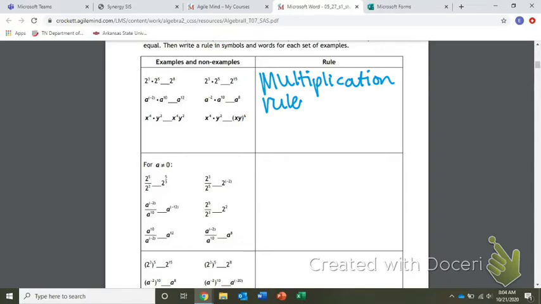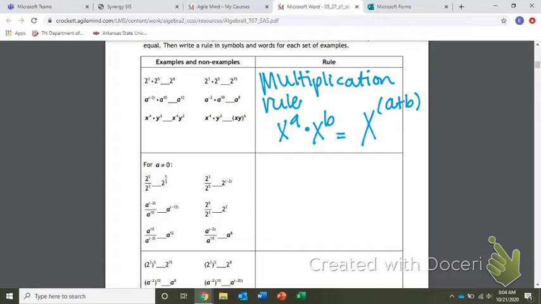Now, on the multiplication rule, your bases must be the same. Okay? So, an example, x to the a power and x to the b power. Now, here's the rule. When your bases are the same and you're multiplying, you simply add your exponents, okay?